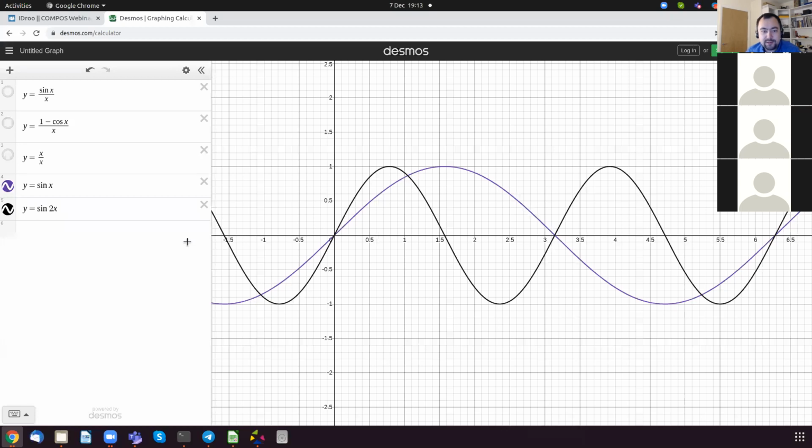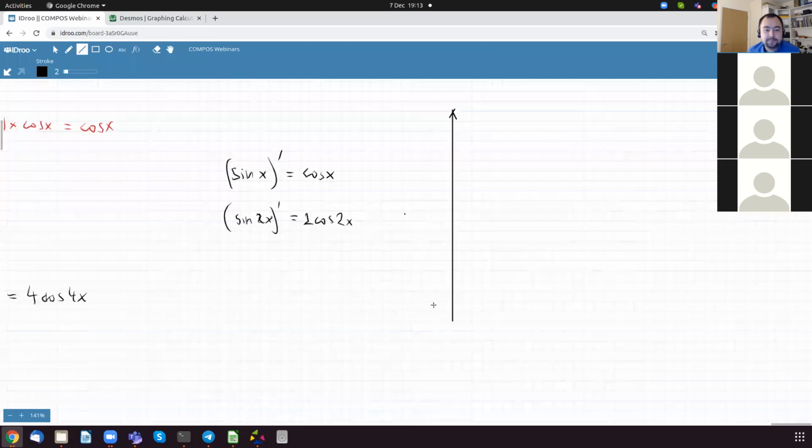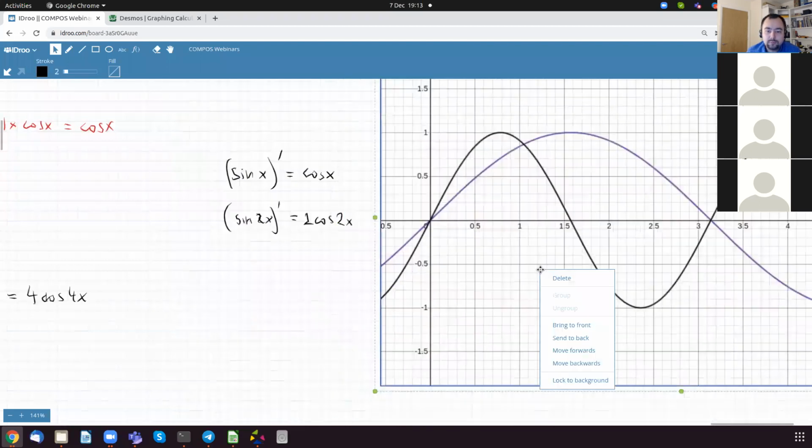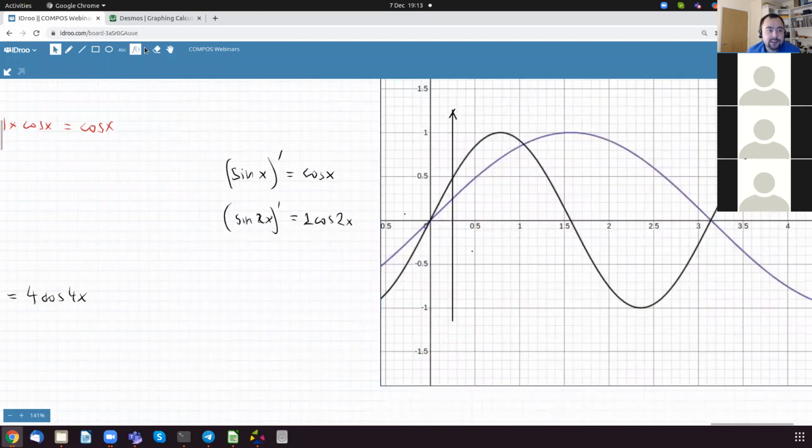So let's put this into the notes. When the argument doubles, the gradient doubles. And this is true for all functions, not just trigonometric functions. Like x squared, if you do 2x squared, you're going to have a steeper graph, 2 times steeper, in fact.